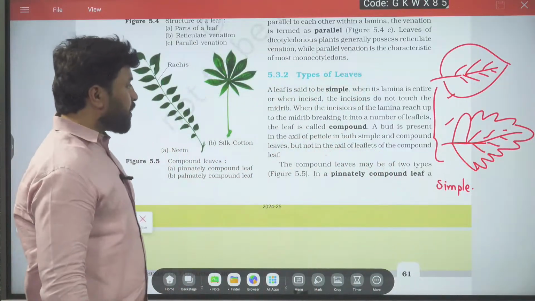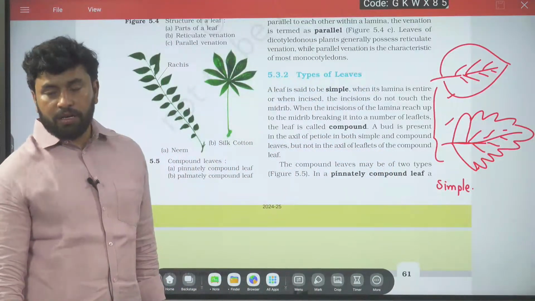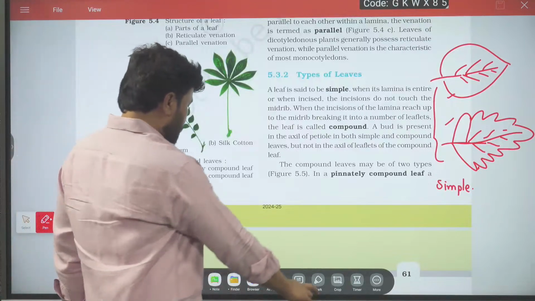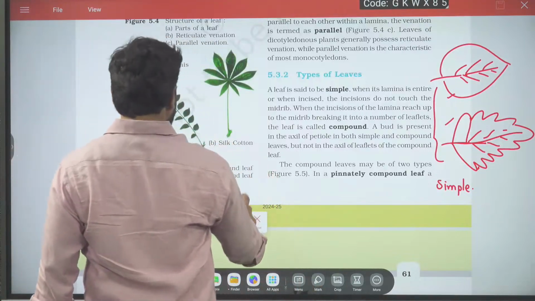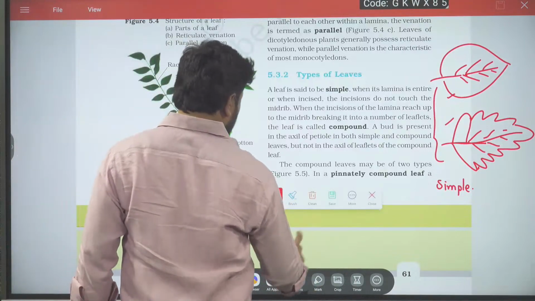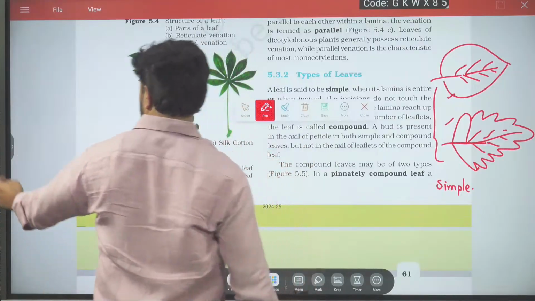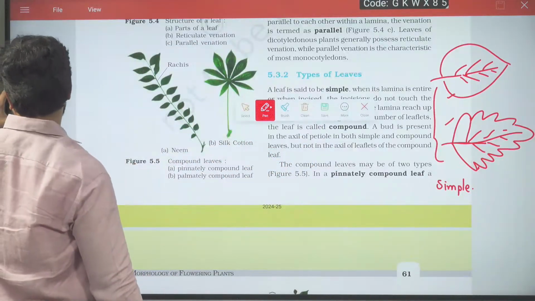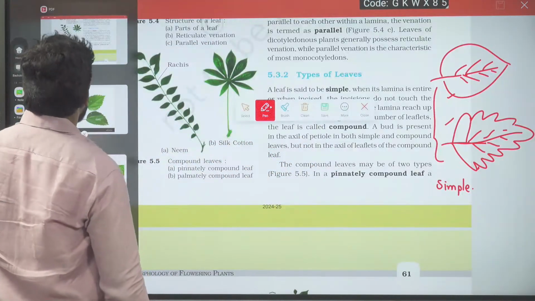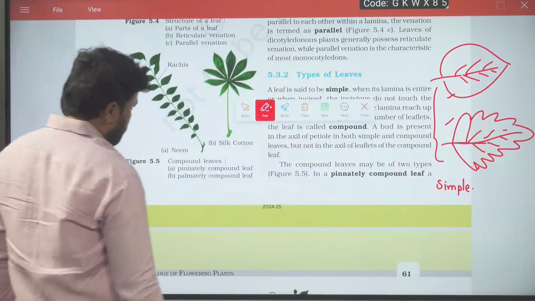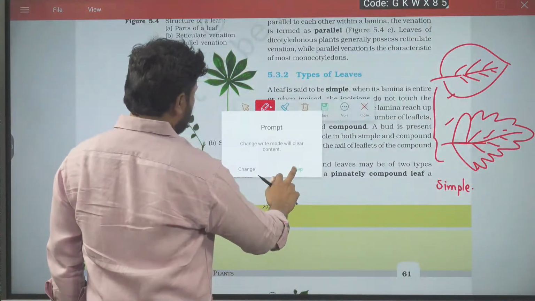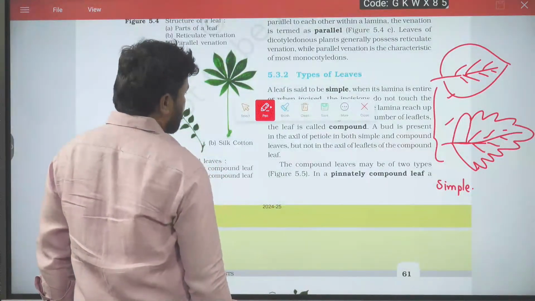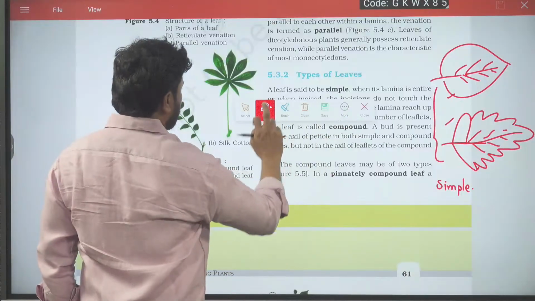Next one. There are some kinds of leaves called compound leaf.